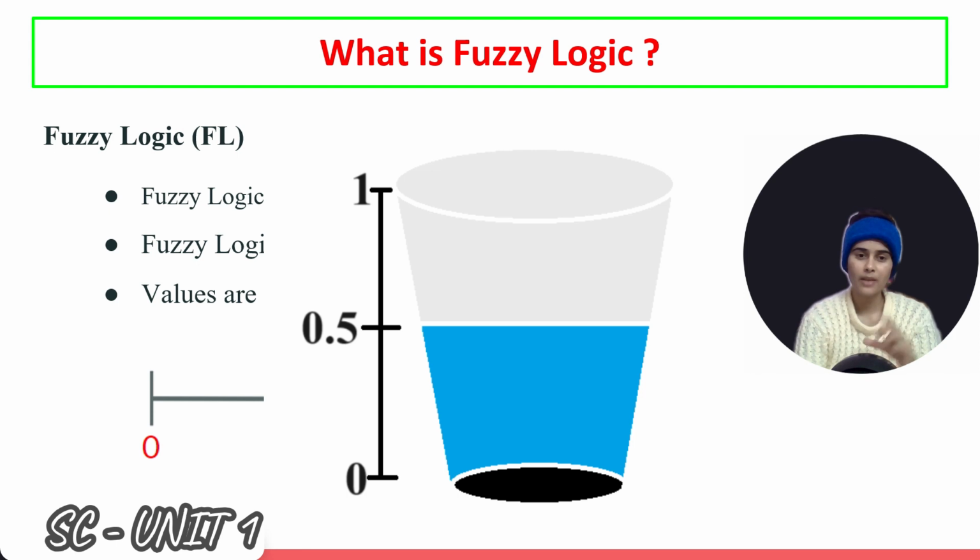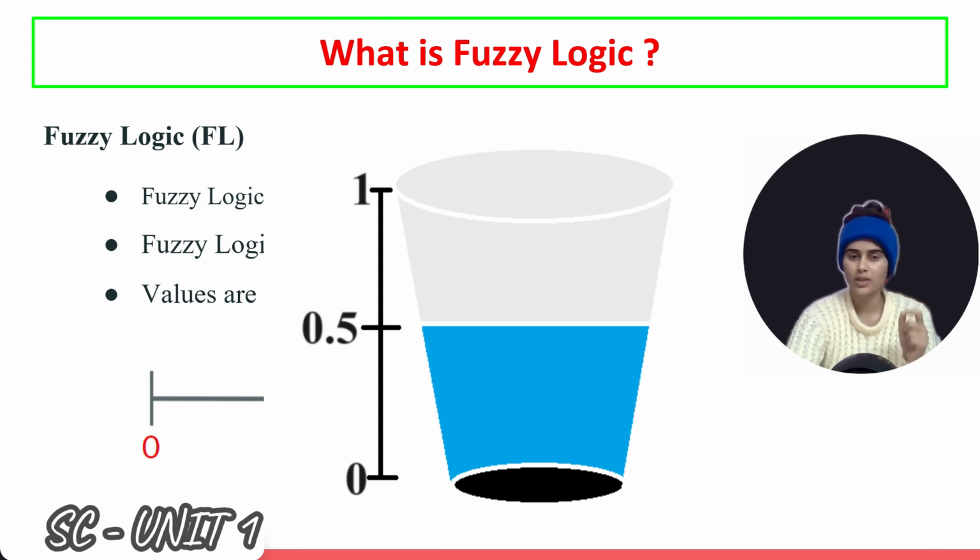For example, we have a glass and it is half filled with water. So in a simple way, we can say either the glass is half empty or it is half filled with water. There is no in between. But using fuzzy logic, there is in between. We can say water level is at 0.6, 0.5 or at 0.3.